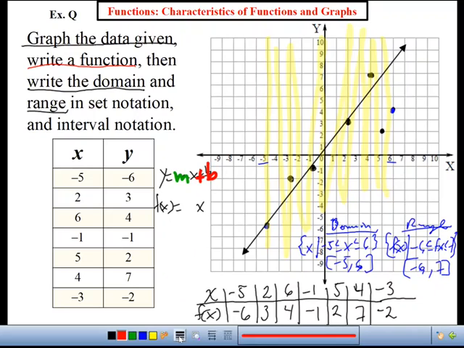So by looking at that line that I just drew, where does it cross the y-axis? Where do you guys estimate it's crossing the y-axis? Esmeralda, where do you think it's crossing the y-axis? 0.25. Where?